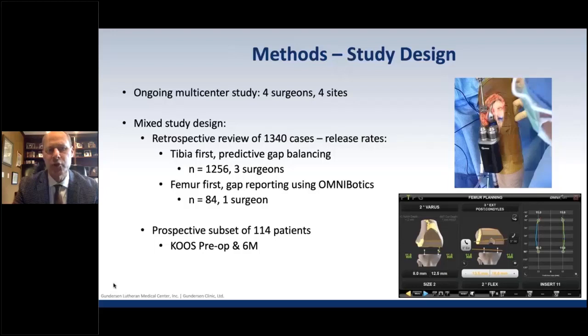So we had 4 surgeons, 3 tibia first surgeons, 1 femur first surgeon, a total of 1,340 cases. For the tibia first, we had 1,256 cases. For the femur first, 84 cases. And then we did a prospective subset of 114 patients and looked at the Coues pre-op and at 6 months.